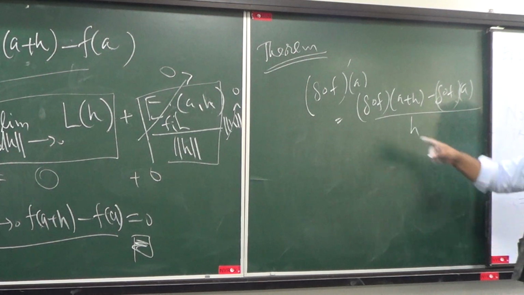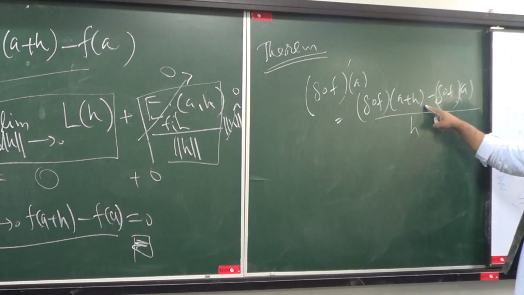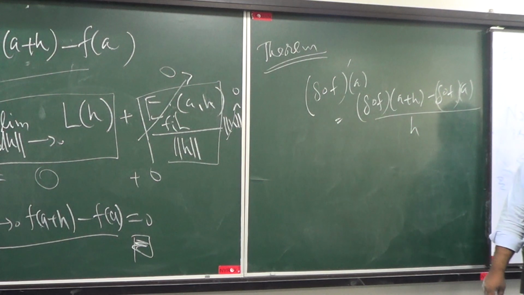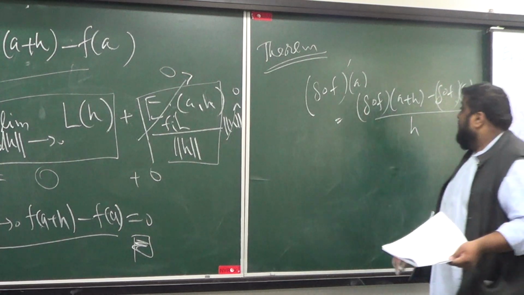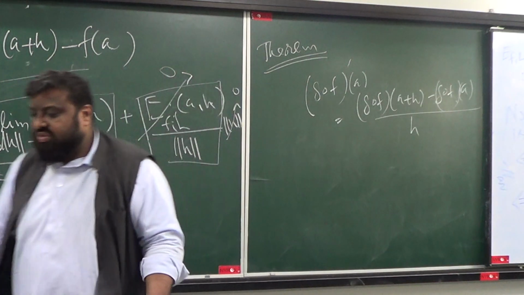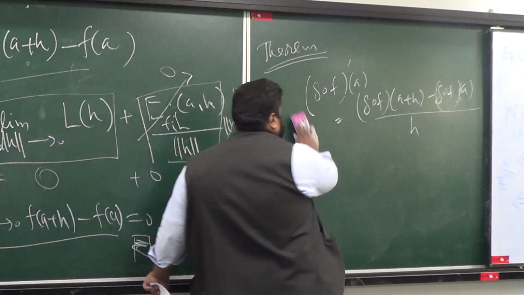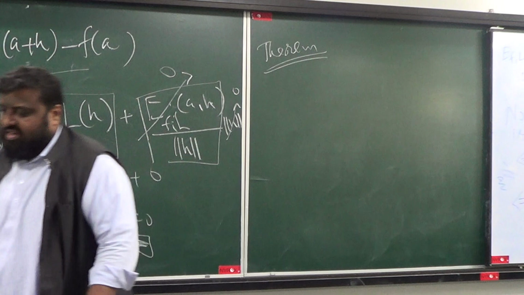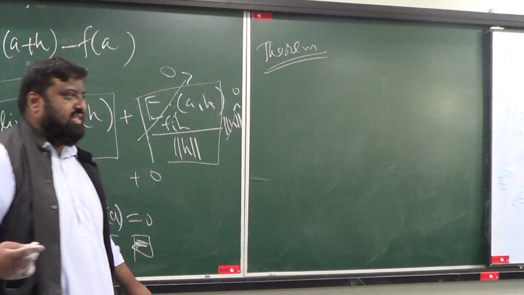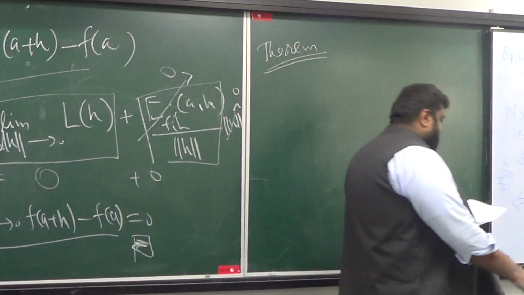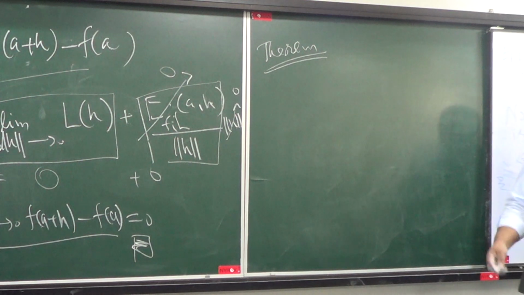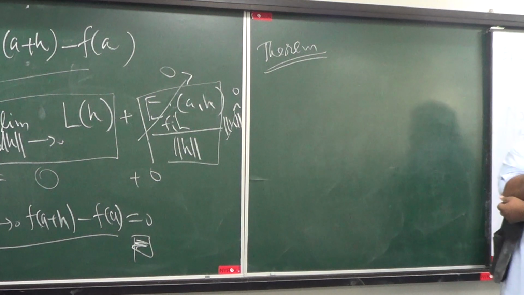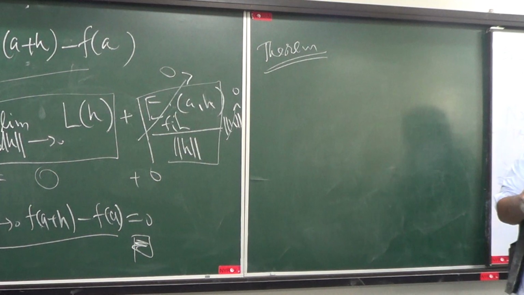So you have G of F of A plus H minus G of F of A, and do something with this G and try to show that you have the derivative the way you want. We can get into it, but at the moment I'm not getting into it. It's not a big deal. I can show you the proof. You can read the maths for yourself. If you're still interested, you can come to my office and we can prove it. I don't want to spend a lot of time on proving things.